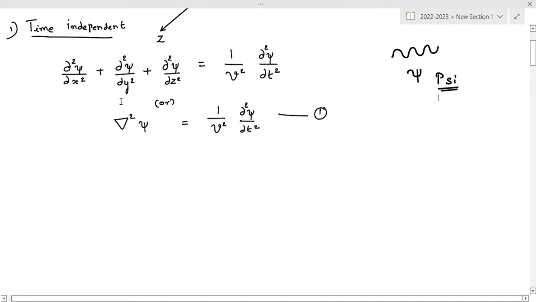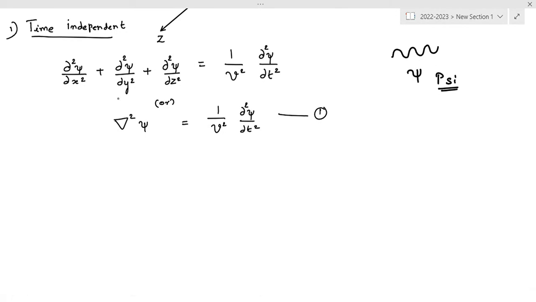Consider the classical differential equation of the wave motion of the particle, given by: del square psi by del x square plus del square psi by del y square plus del square psi by del z square is equal to 1 by v square del square psi by del t square, where v is called the wave velocity.